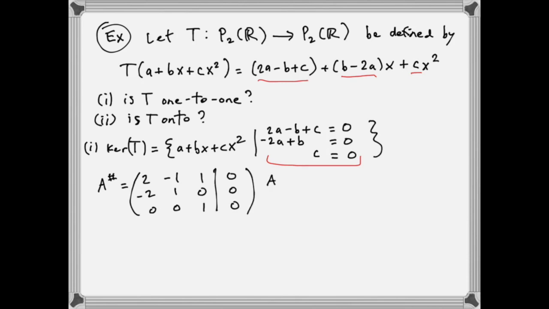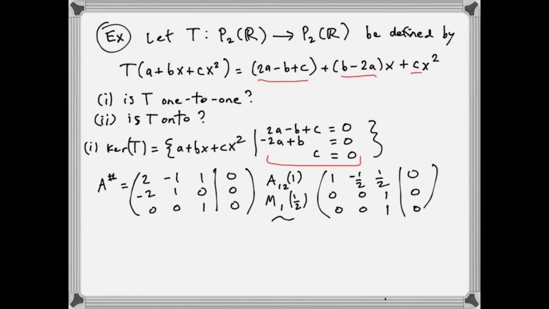So we are going to add row 1 to row 2, and we're also going to multiply row 1 by 1/2. We end up with the following: 1, negative 1/2, 1/2, 0. Adding these two together, we get 0, 0, 1, 0, and then we also have 0, 0, 1, 0.